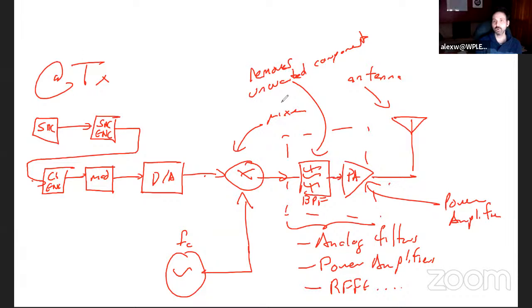And every component contributes either a gain or a loss against the signal with respect to its amplitude, with respect to its power. And so we need to account for that. Right now, this is at the transmitter, and suppose now I draw out a receiver.